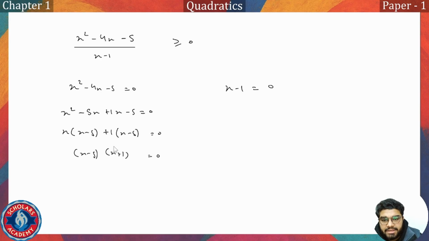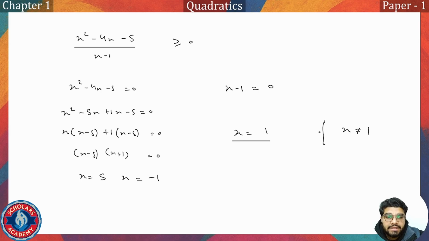So from here, x is either equal to 5 or x is equal to −1. And from this part, I get x = 1, right? And I will never take my x to be equal to 1. Whenever I check my inequality, I will not take x = 1 because it will make our denominator 0. So I'll keep in mind that this is my critical point.